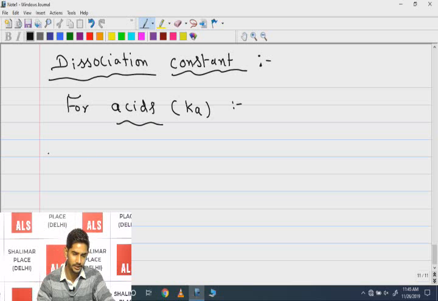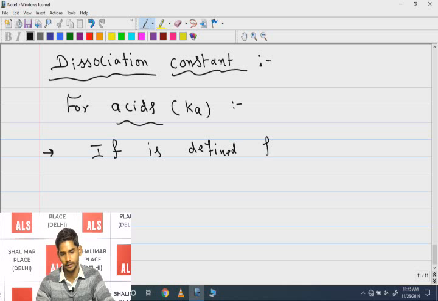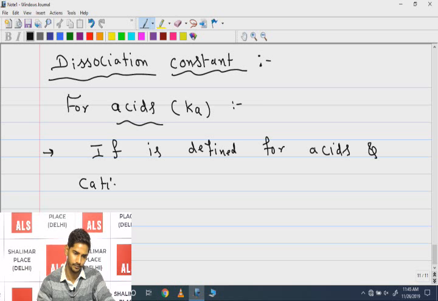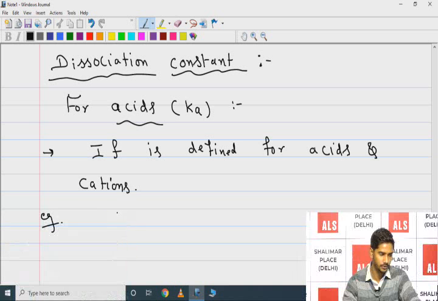The point is, it is defined for acids and cations. In these two cases you can have the values of Ka. Now let's take an example. Let's say suppose we have CH3COOH.